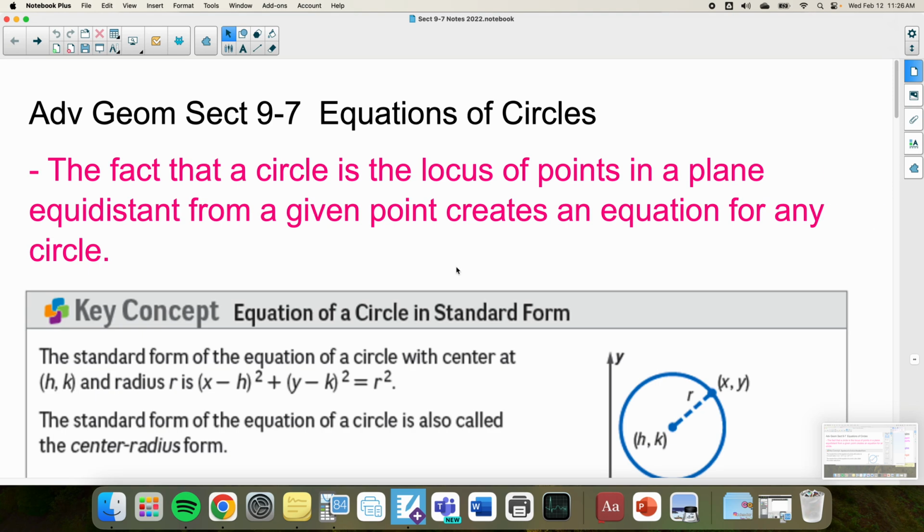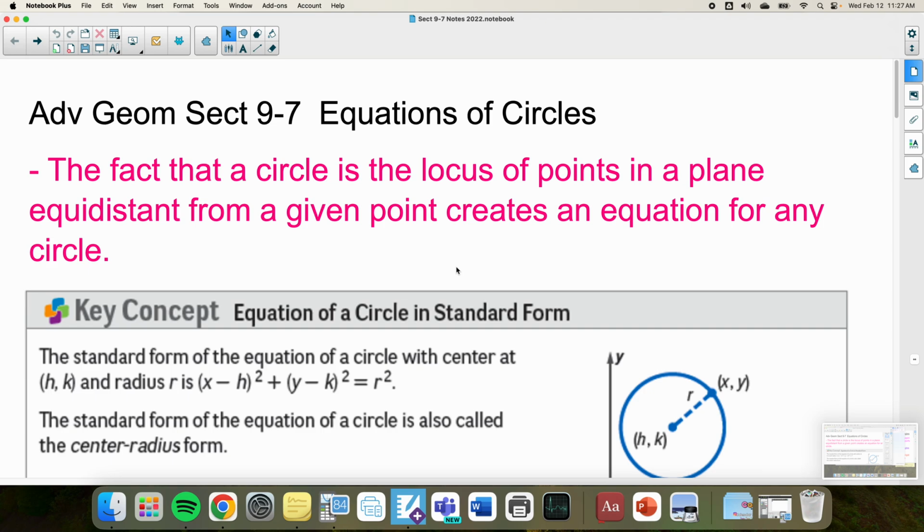Okay, so we are going to look at equations of circles today. There are times you're going to be given a circle and you're going to have to write the equation. And other times you're going to have the equation and you have to figure out the center and radius of the circle. And then you can draw the circle from that.